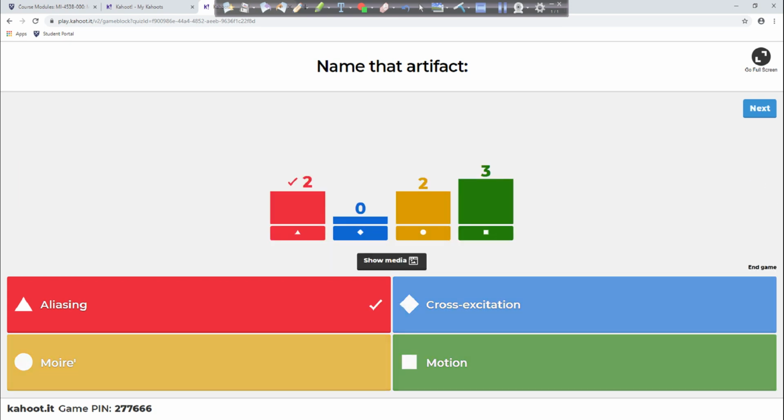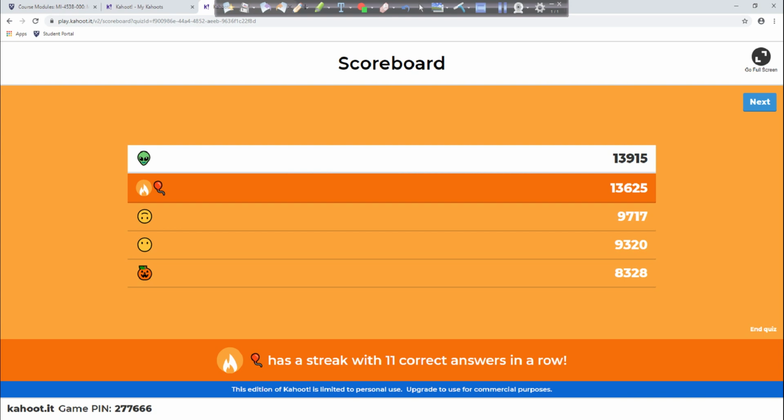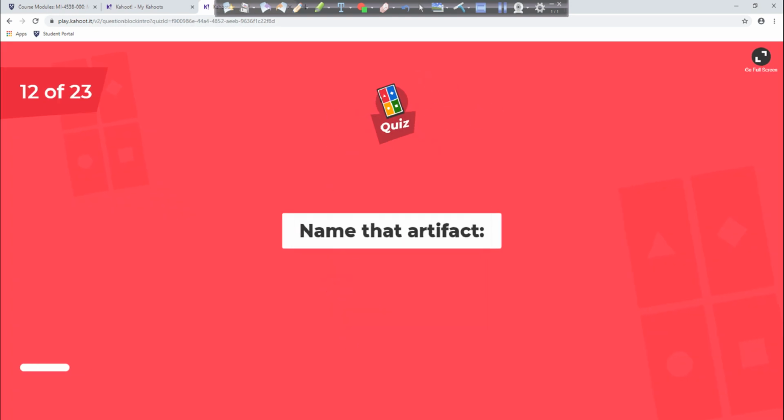Don't remember the other name for it? Phase wrap, aliasing. If I put phase wrap up there, everyone would have got the other name for it, aliasing. Gotta know the other names for it.